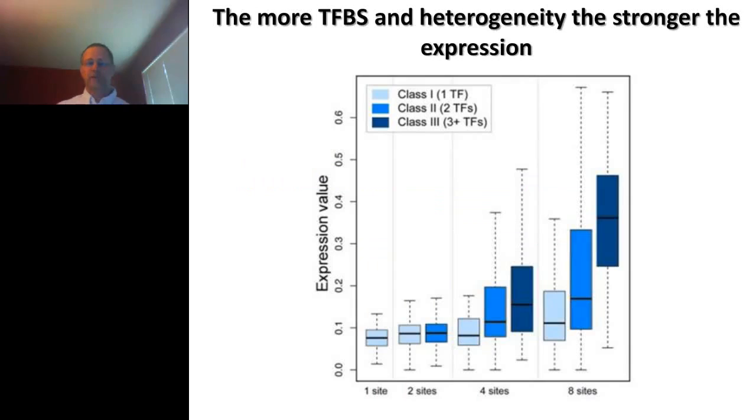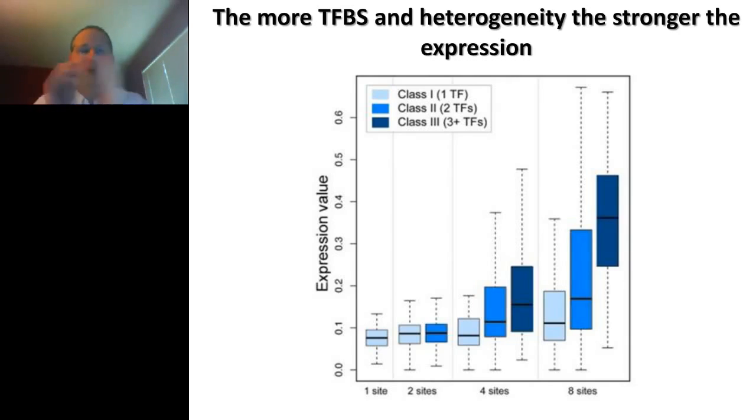So going forward, the first thing that we can observe is that the more binding sites you have, going from 1 all the way to 8, the stronger you are in this case. And the darker blue here means that you have more different transcription factor binding sites.